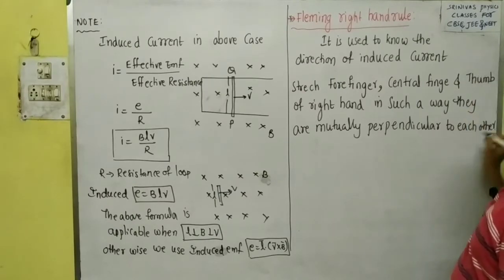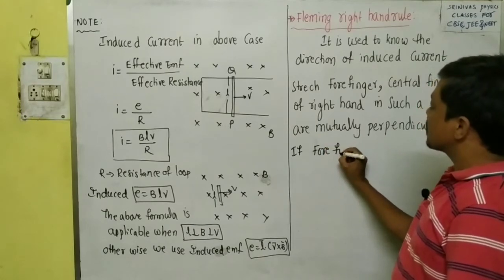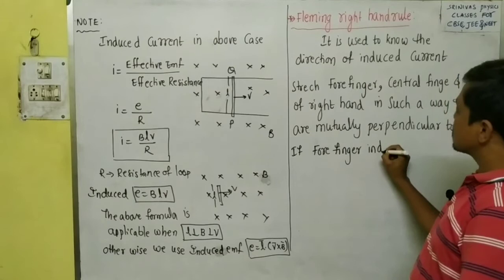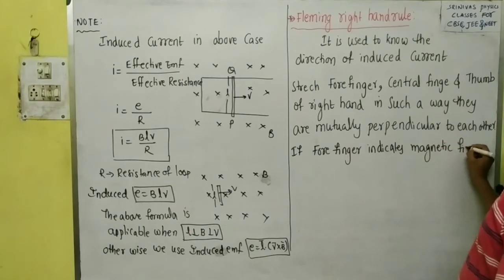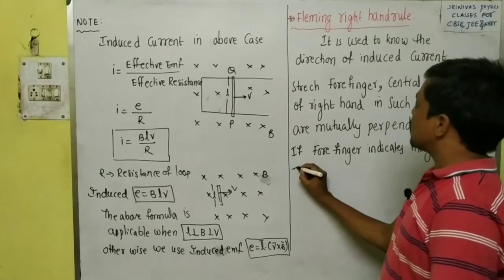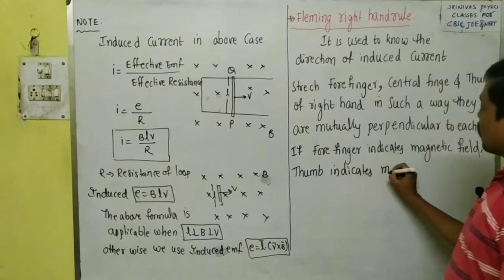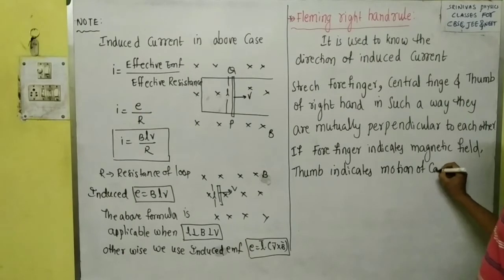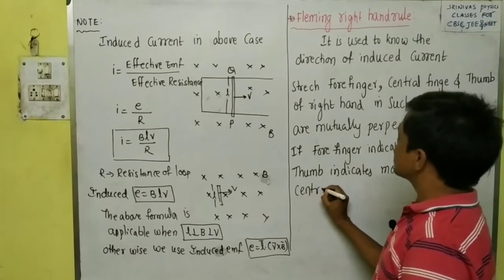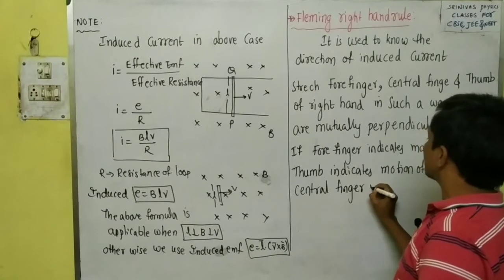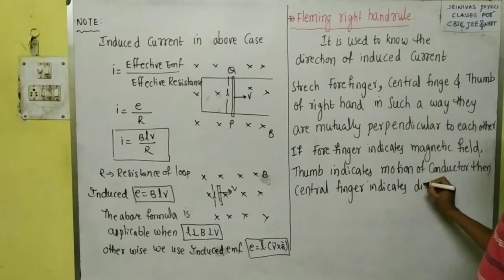Okay? And if the forefinger indicates the magnetic field, the thumb indicates the motion of the conductor, then the central finger indicates the direction of induced current.